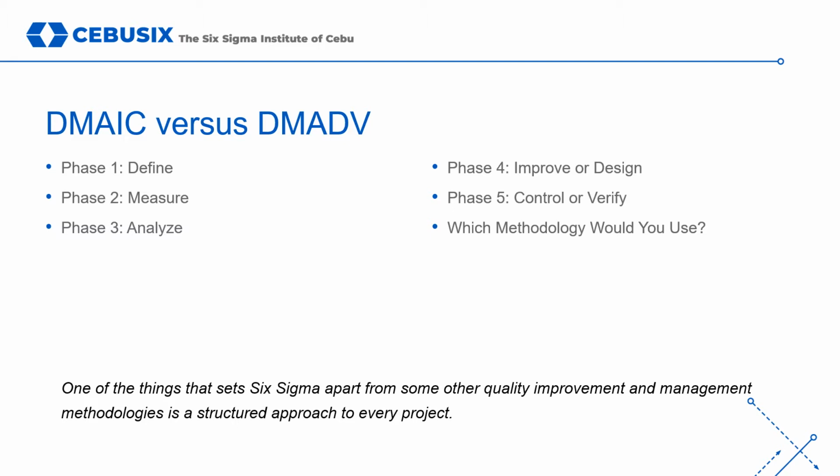In some ways, a DMADV project might feel like it has a more tangible outcome, but in reality, both methods are seeking to deliver better quality, better efficiency, more production, more profits, higher customer satisfaction, or some combination of these things. We will introduce each of the phases of both methods in this module. But first, let us take a look at some quick definitions of each phase as they relate to DMAIC versus DMADV.